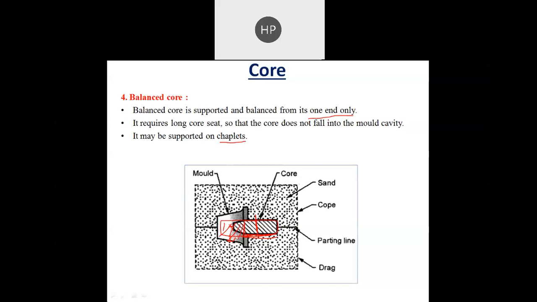So sometimes we use some chaplets to support that core. What a chaplet is, we will discuss in our subsequent lecture. But here you have to understand that a chaplet is a support which is provided to the core. So in this case sometimes we require these chaplets.